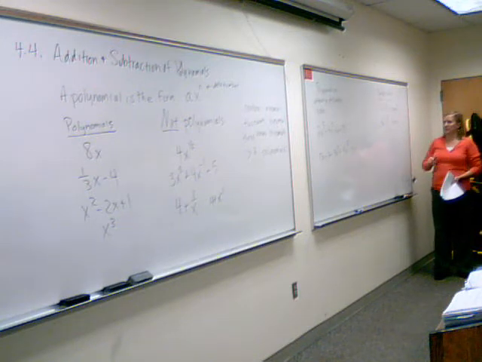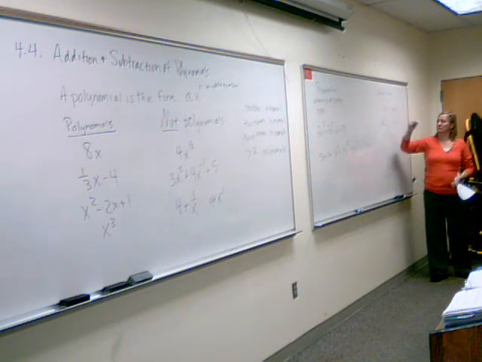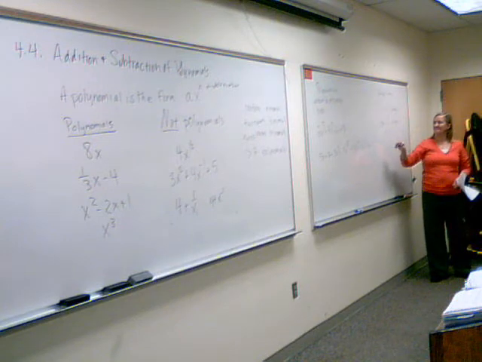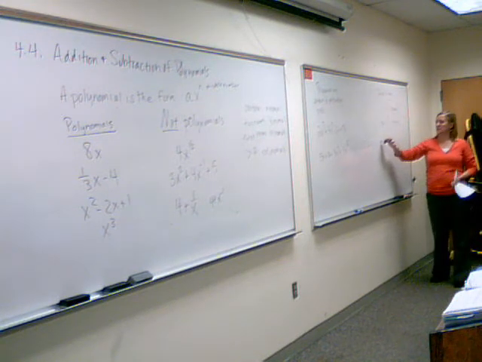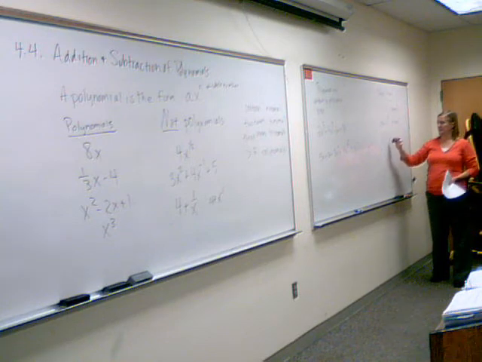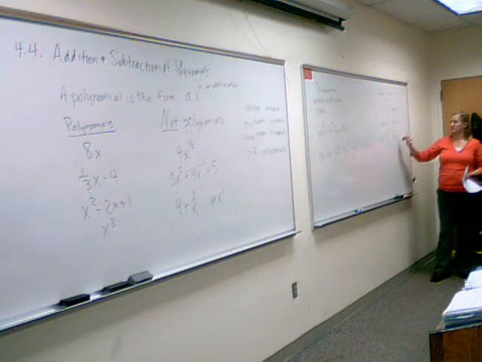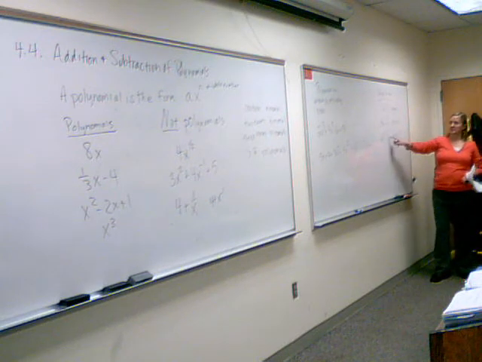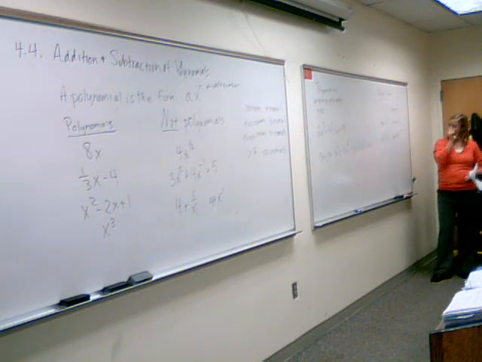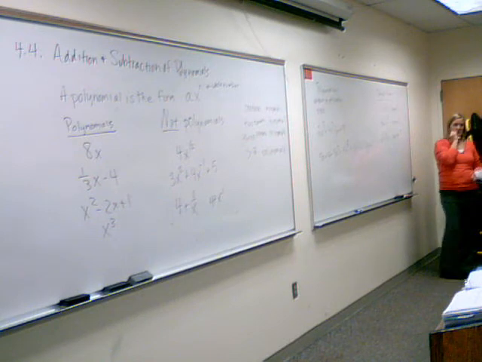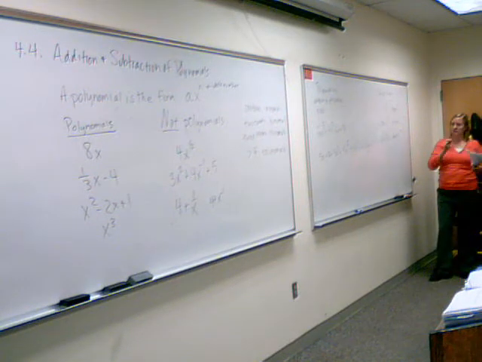What if I have 2x squared y 4z? What was the degree of this one? 6, 7. No, 7. Good. Because that z is an imaginary 1. You get the idea. Okay, that is the degree.